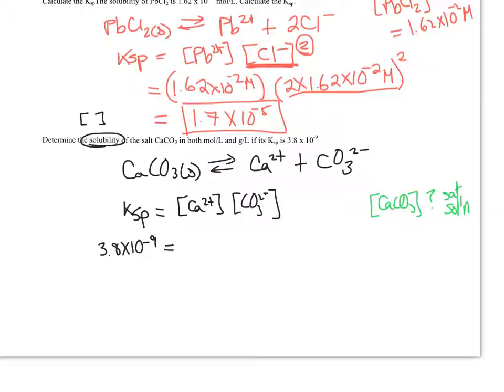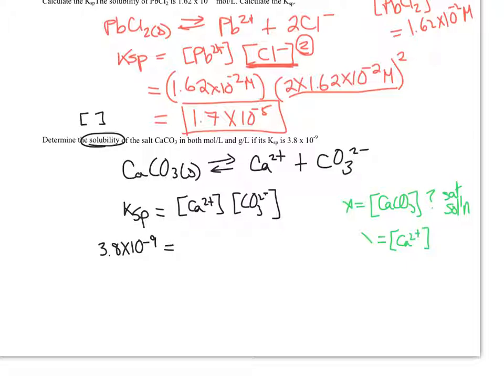So I don't know what that is. I don't have any other numbers except for the KSP, so I'm going to say, well, let that be X. If the concentration of the calcium carbonate as a saturated solution is X, what would be the concentration of the Ca2+ ion?